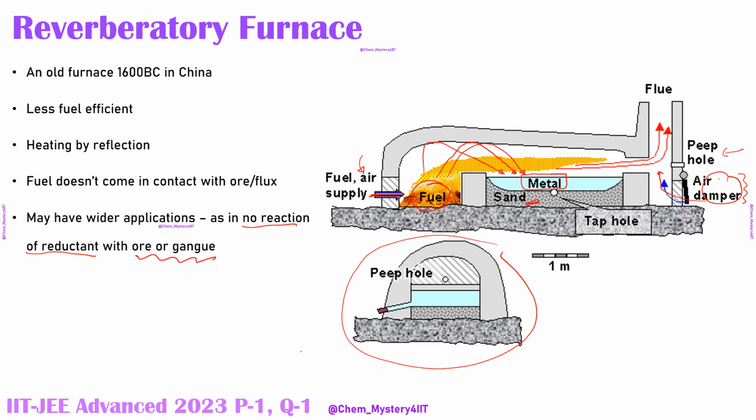Otherwise, if you think about the blast furnace, there things come in direct contact with whatever reagents we are using. Also, we understand that an oxidizing environment is present in this reverberatory furnace.